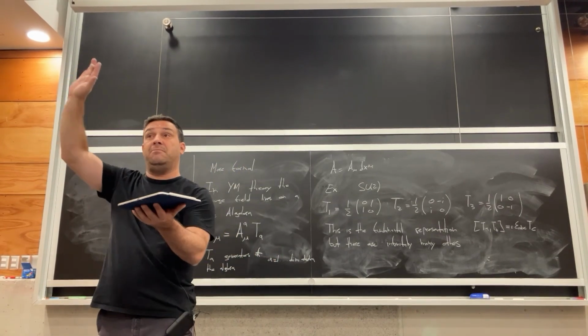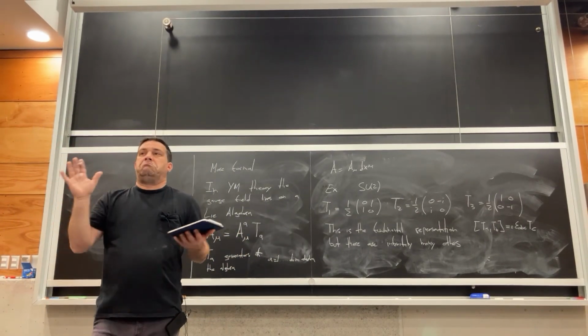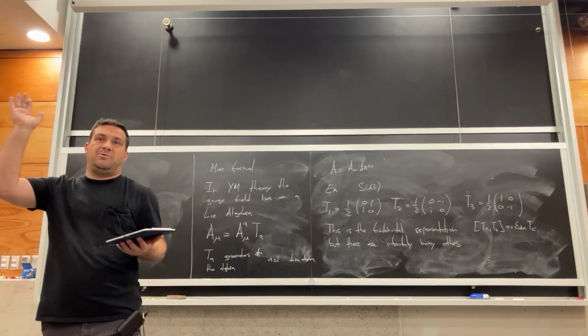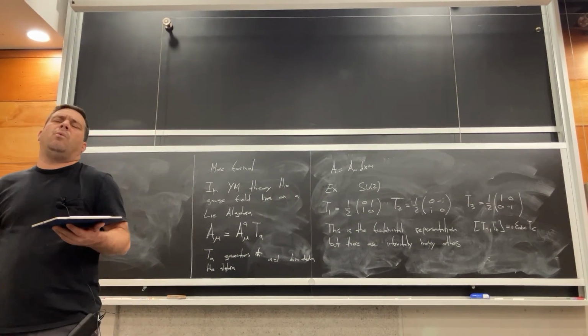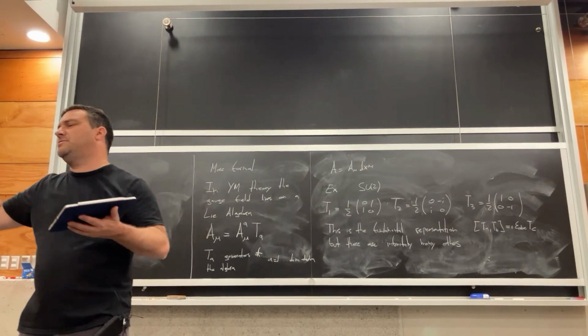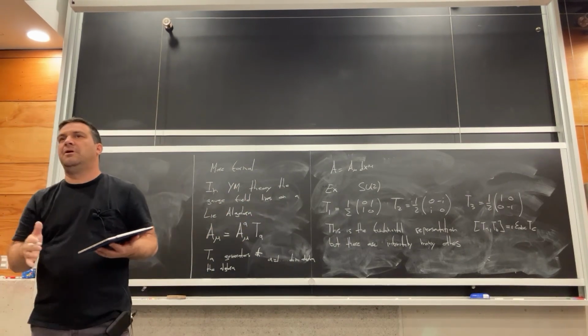So I have a freedom to do that. If I set that parameter equal to 0, I say the field is not charged, right? And then I can set the parameter to whatever value I want, and I call that the electric charge. Now, why do I call that the electric charge? You can compute the Noether current associated to the global symmetry, and that's proportional to Q, right? Or whatever the parameter is.